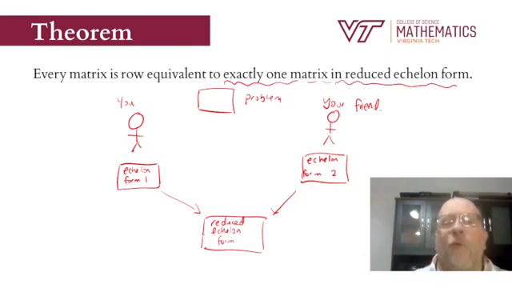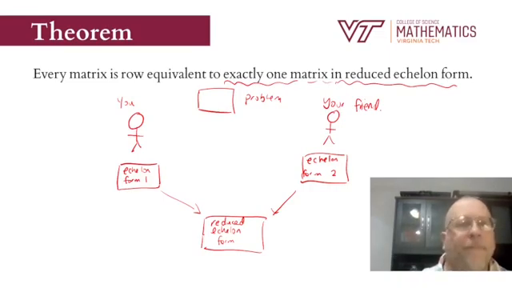Reduced echelon form takes a little bit more work, but it gives us a check because the reduced echelon form is unique for every matrix. So you and your friend could, if you were solving to echelon form, get 2 different answers and you could both be right. But if you go all the way to reduced echelon form, then you both have to get the same final answer.